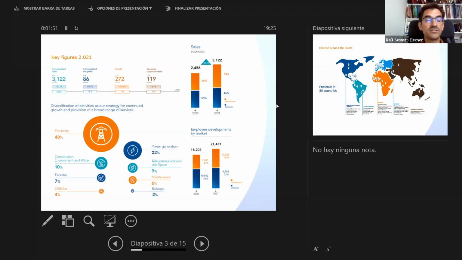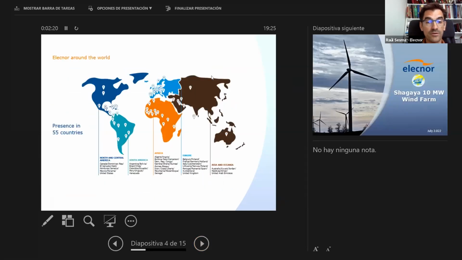As you can see in this slide, the diversification of activities in our company, I like to say that it would be easier to list in which engineering areas Elecnor is not involved than those in which Elecnor is involved, that as you can see here, are many. Also, we are around the world in 55 countries, and in any of these countries, we can do any of these businesses that we explained before.